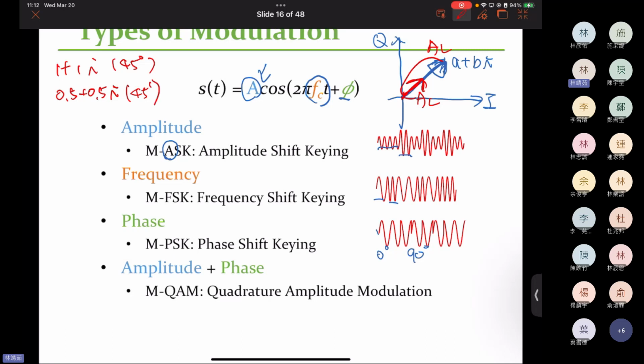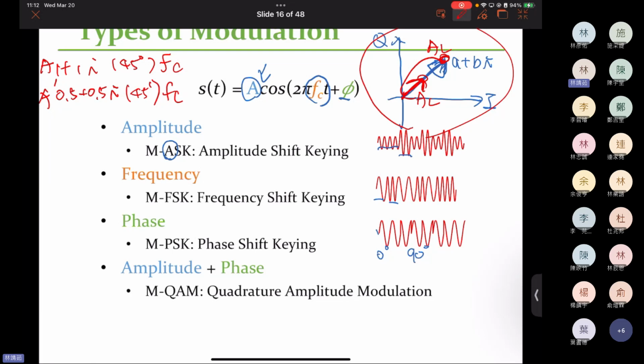Their frequency is also the same, just some center frequency, though you cannot see center frequency from this figure. The only difference is that the amplitude here is higher and here is lower. That is equivalent to ASK. So from the signal points you see in this IQ plane, you can know this is using ASK.